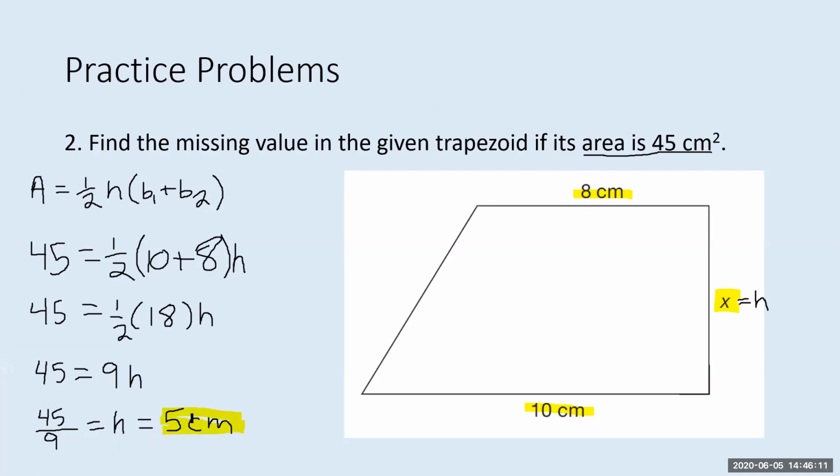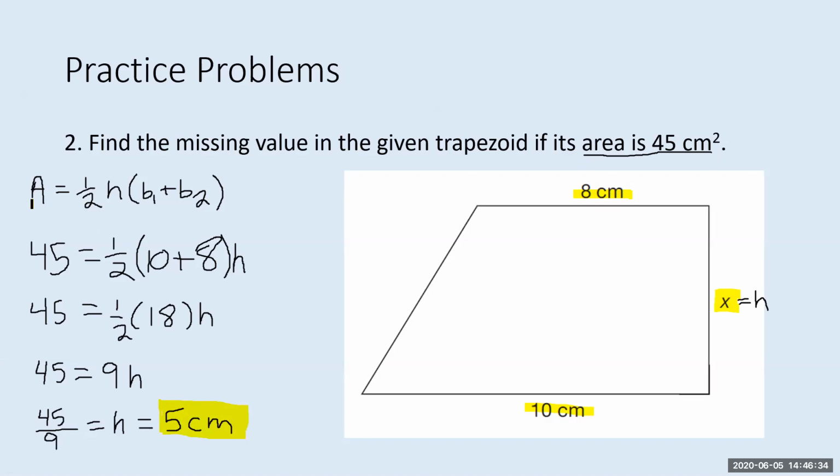So for this problem I was kind of working backwards, right? On the previous slides, our goal was to calculate area, but for this one, we started out by knowing the area and we were kind of walking backwards to figure out the missing height.